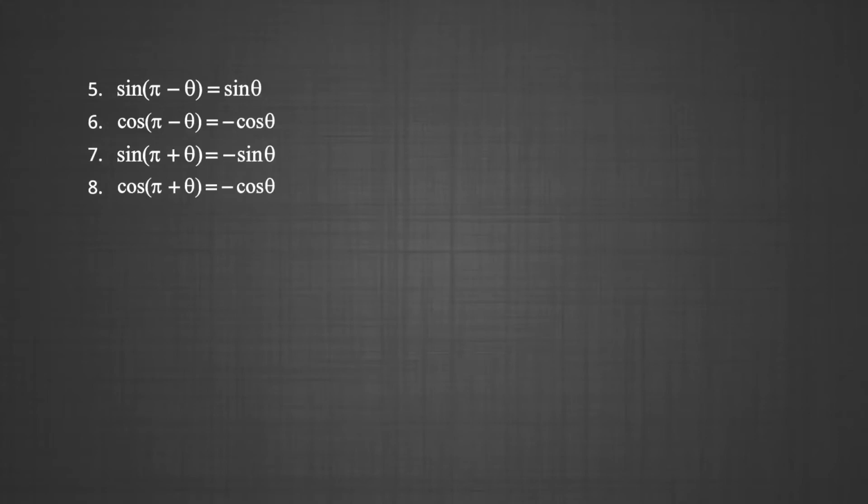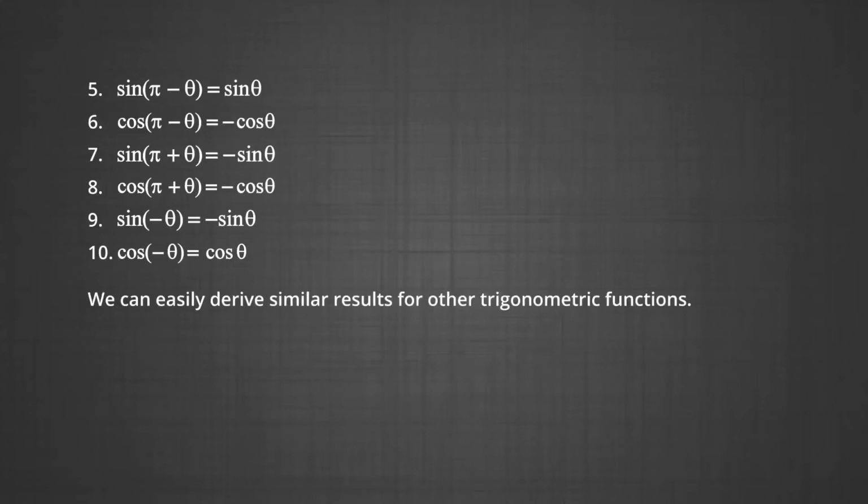Now, sin of pi minus theta is sin theta, cos of pi minus theta is minus cos theta, sin of pi plus theta is equal to minus sin theta, cos of pi plus theta is minus cos theta, sin of minus theta is minus sin theta, and cos of minus theta is cos theta only. We can easily derive similar results for other trigonometric functions.